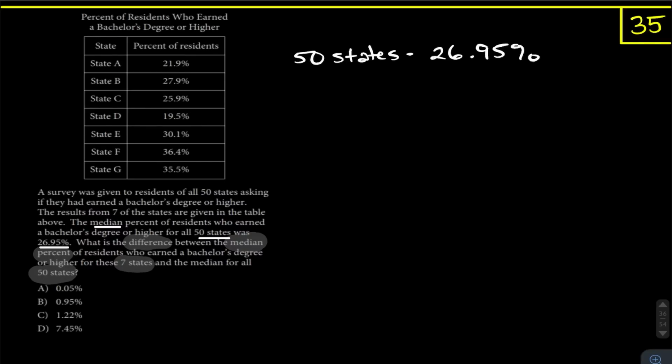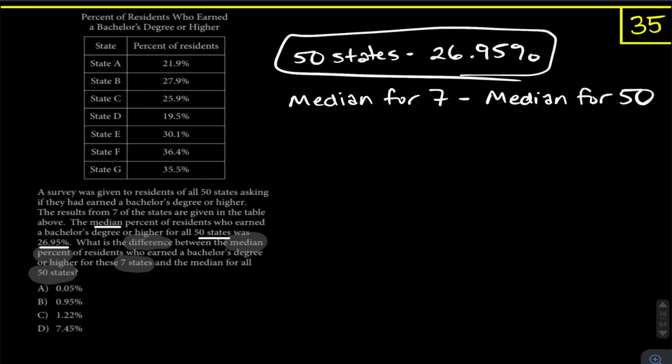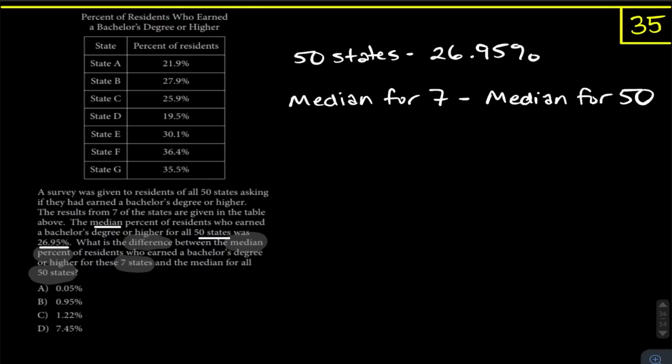So here it looks like we're trying to find the median for 7 states, and subtract the median for 50 states. That's what the problem's asking for. We know what the median is for the 50 states, but we don't know the median for 7 states, and that's something we can quickly find. Now, like a lot of problems on the SAT, there's a shorter way to do this, a quicker way.